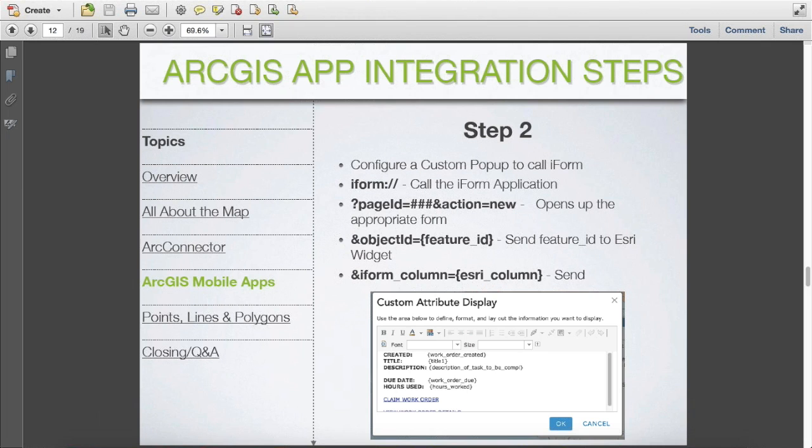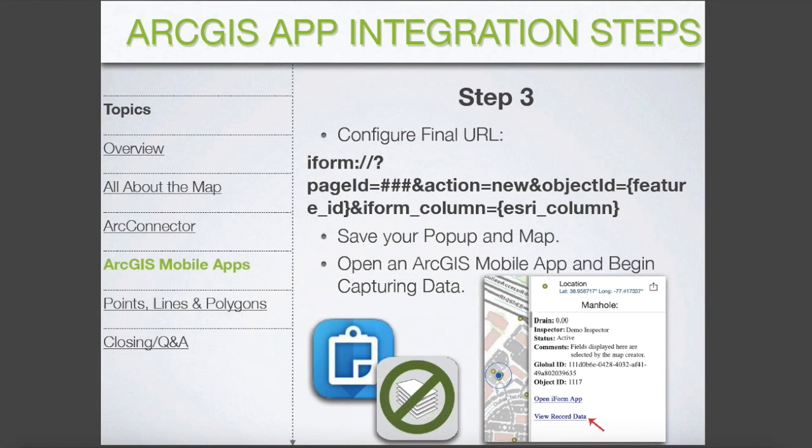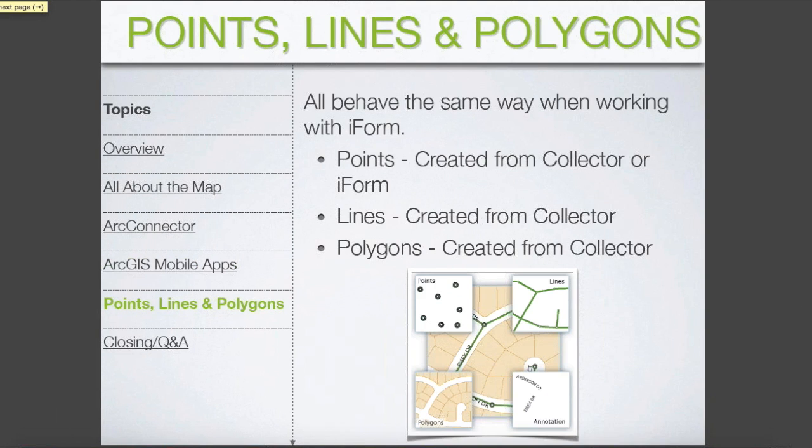So that I'll just want to go through here. The next piece is talking about really how you work with points, lines, and polygons. Now, by default, iFormBuilder captures points and plots them on a map, and we do that very well. But when working with ArcGIS, we don't have the ability to do lines and polygons directly in our application.